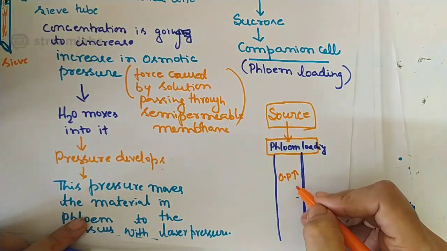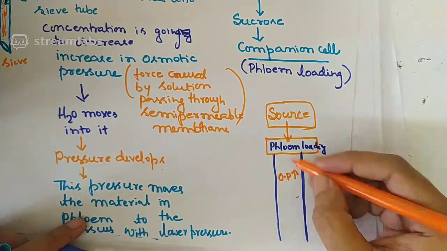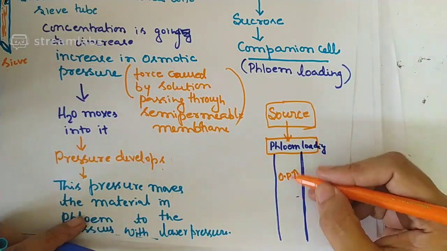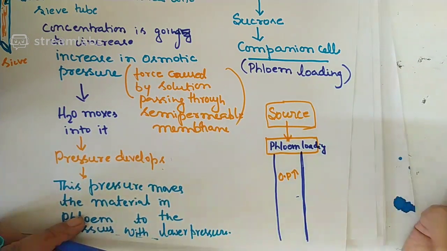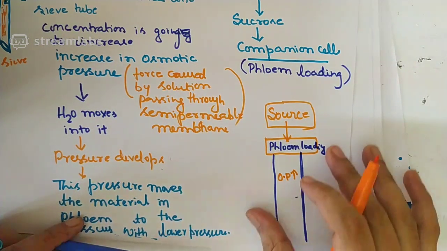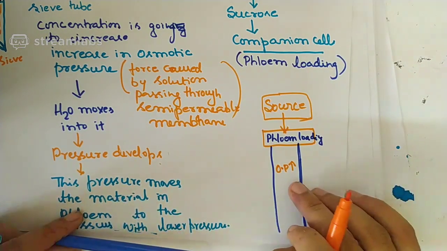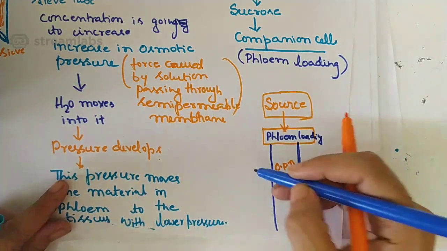What is osmotic pressure? It is the pressure which is caused by the solution. So solution has entered inside the sieve tube, and as a result, a pressure has developed. That pressure is called osmotic pressure. So when the osmotic pressure increases, or the concentration of the sugar increases, what happens?